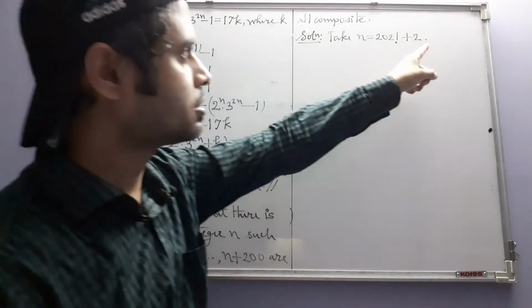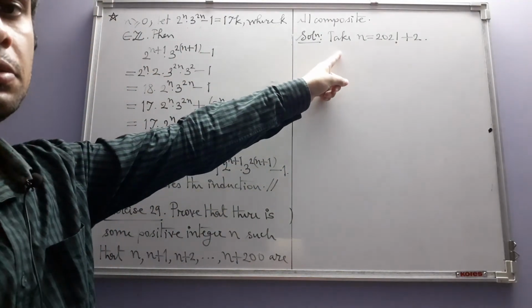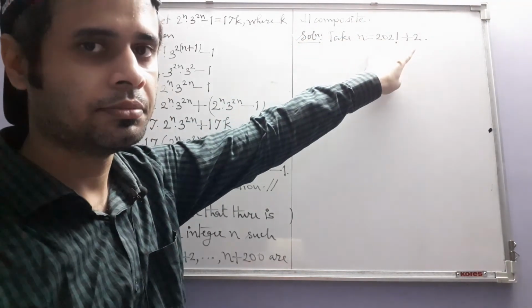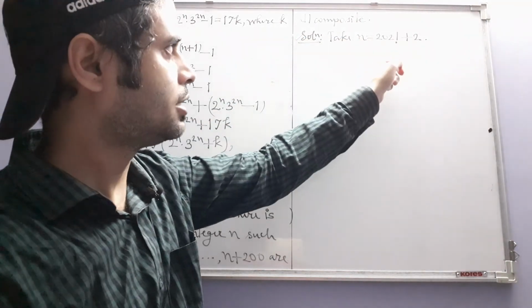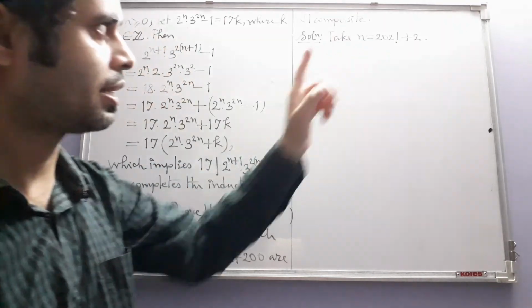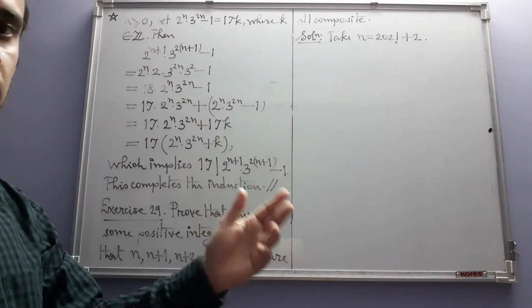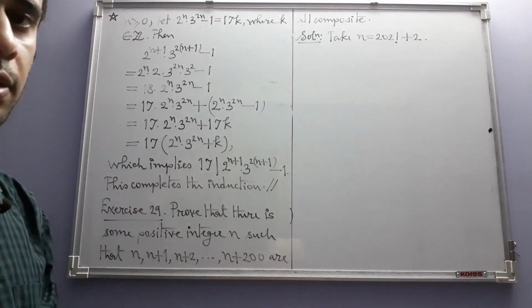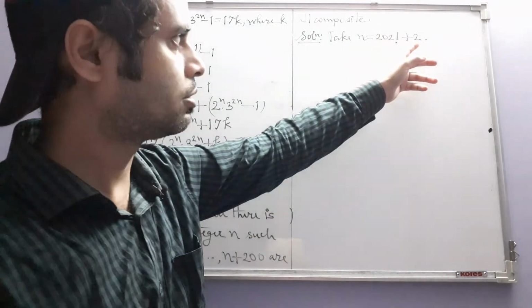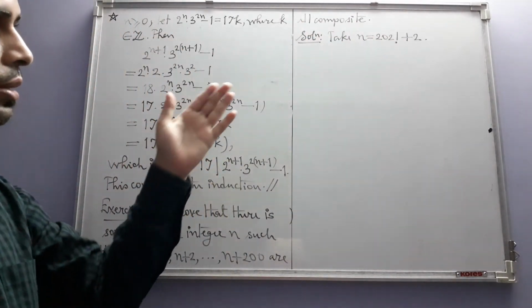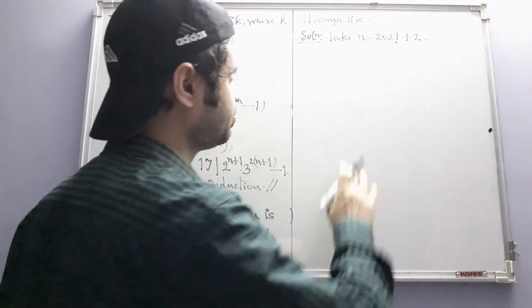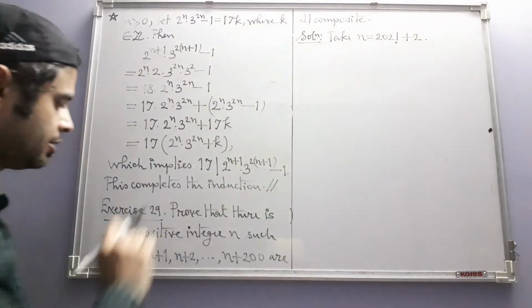Yes, because it is divisible by 2 and it is not equal to 2, it is greater than 2. That is because if you expand 202 factorial, in that expansion 2 is a factor, so you can take 2 common out, and clearly this is greater than 2, so that's why this is a composite integer.